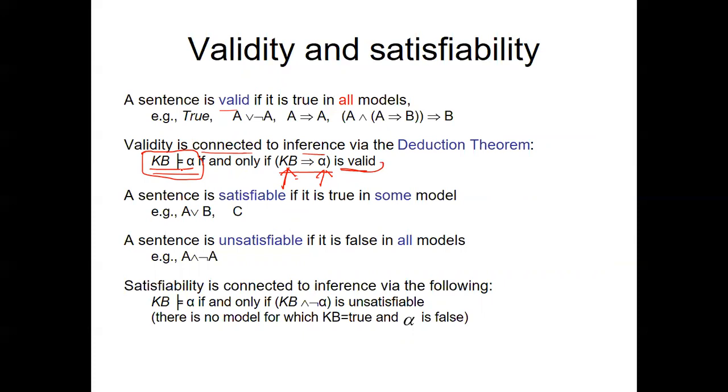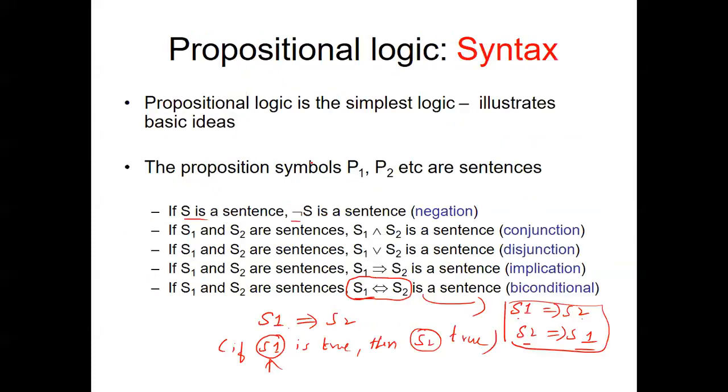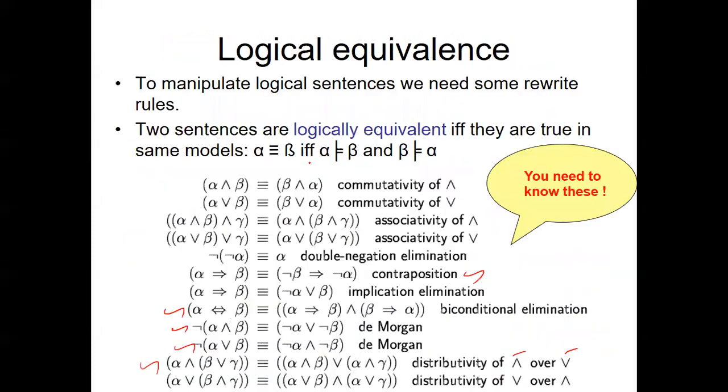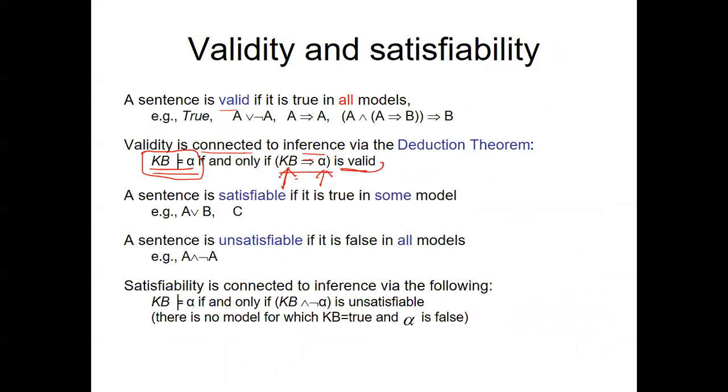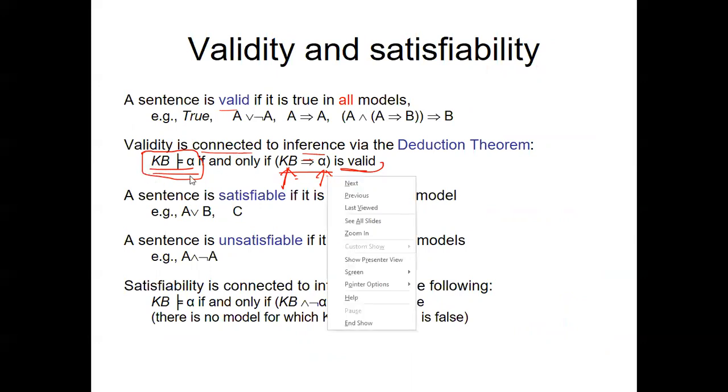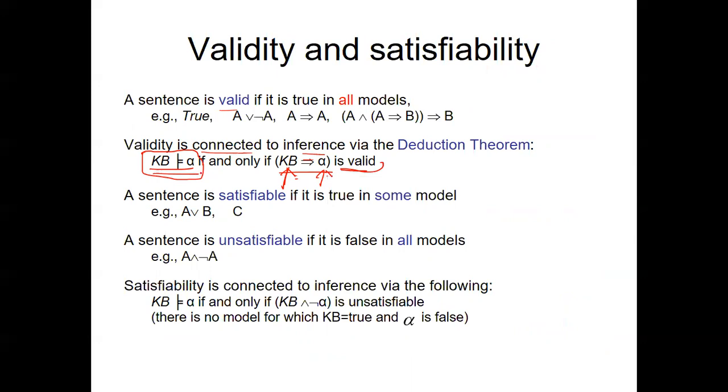So if KB implies alpha, then we say that KB entails alpha, because KB implies alpha means wherever KB is true, alpha is also true. This is one way of explaining entailment through validity.